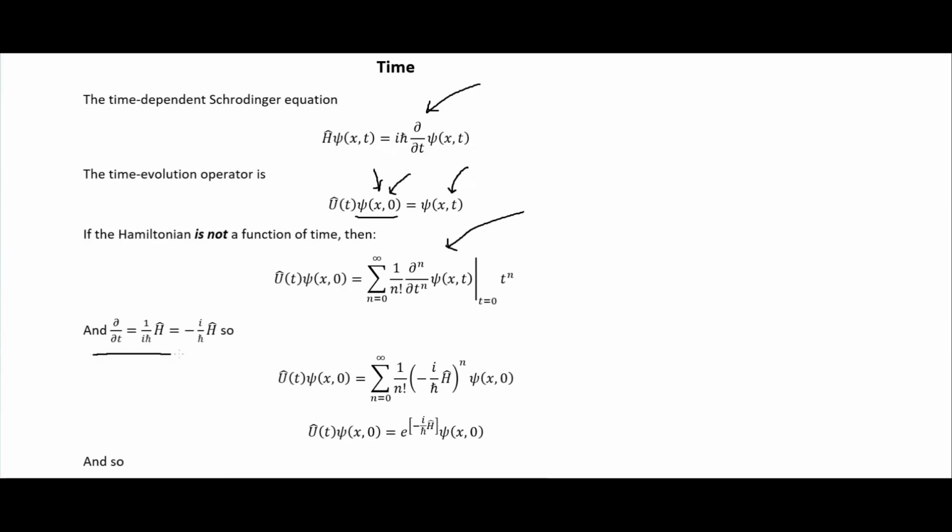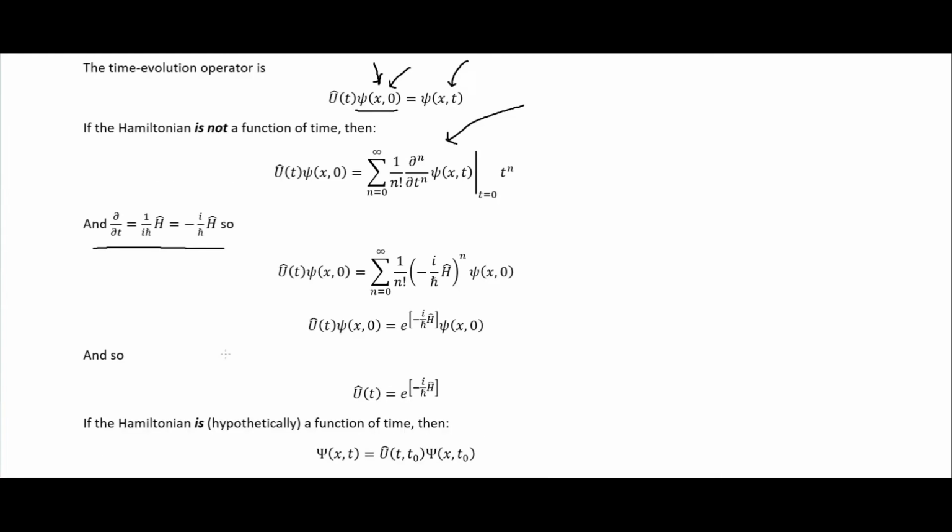So then we can make these substitutions here, and we end up with this, which, because all of this is the Taylor expansion of the exponential, we can say we just get this exponential here times our wave function. And so the time evolution operator is just this exponential with the i over h bar and then the Hamiltonian in the exponent there.